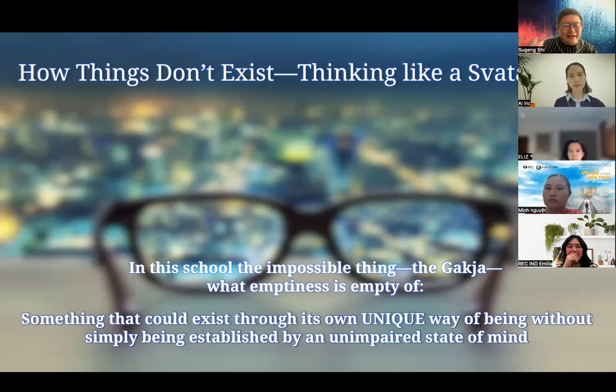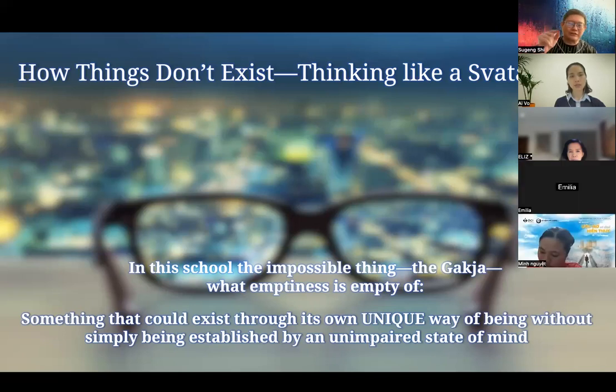It is the absence of 100 and 0. You see, 100 and 0 is defined as an impossible thing. So the emptiness, according to the Svatantrika people, is the absence of 100 and 0. That is the Gakcha, that is emptiness.